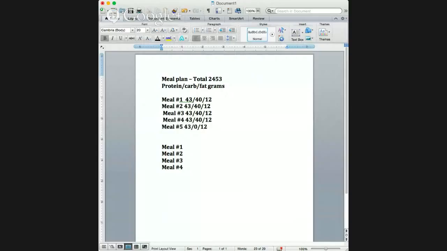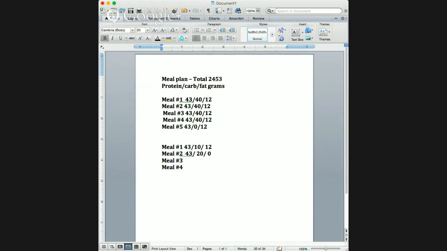So what I mean by that is, let's say we want to continue to do our 43 grams of protein in the morning, and I know that I'm going to be a lot heavier at night with my carbs, so I might drop this down to only 10 for my first meal, and I'm going to keep my fats the same. From there, meal 2, I'm going to also keep my protein the same because I want to stay heavy in that. I might also bring my meal 2 carbs down to only 20 grams, and I might even get rid of the fat.